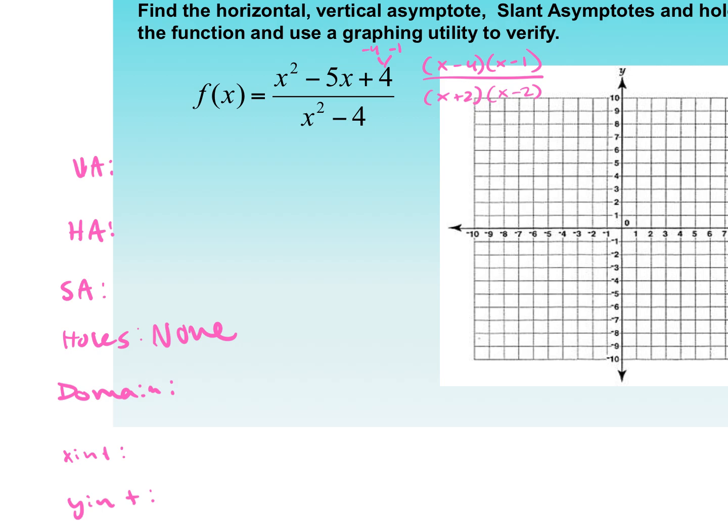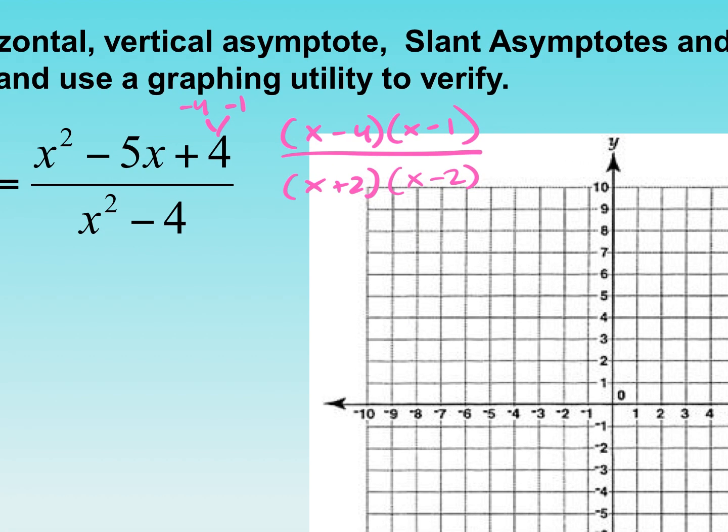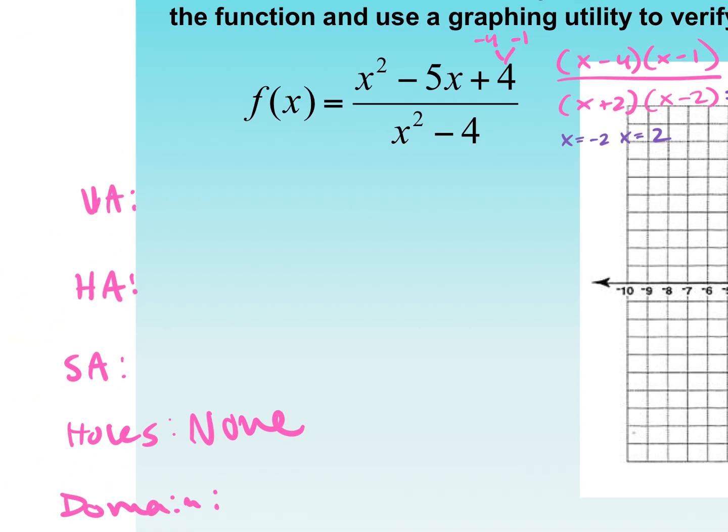Next, how do we find our vertical asymptote? Set the denominator equal to 0. So you can either set your original one equal to 0 or the factored one equal to 0. I'm going to set the factored one equal to 0 because we kind of did the first step for us already. So we've got x equals -2 and x equals +2. So I've got two vertical asymptotes here, x equals -2 and +2.